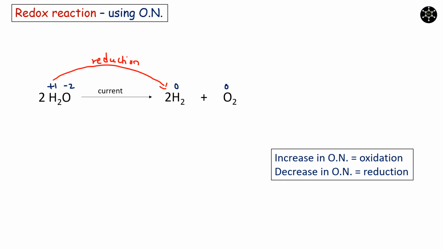So we can tell oxygen in the water molecule is undergoing oxidation to form oxygen gas. So hydrogen in the water molecule is undergoing reduction and oxygen in the water molecule is undergoing oxidation. It is the same water molecule which is undergoing both oxidation and reduction. The oxidized product of the reaction is oxygen. The reduced product of the reaction is hydrogen.